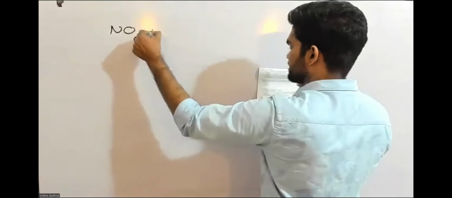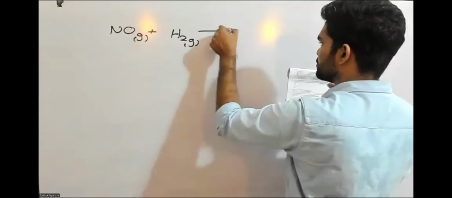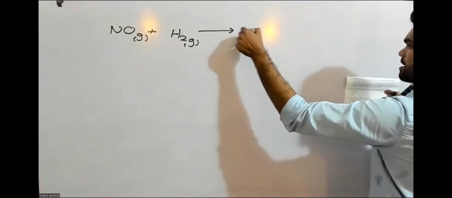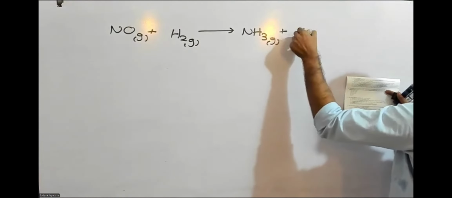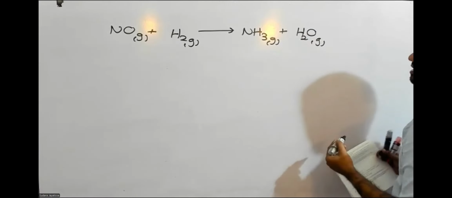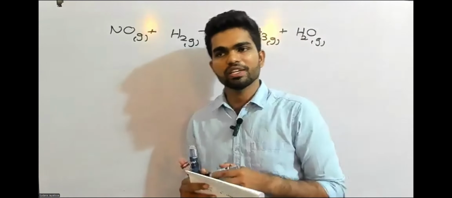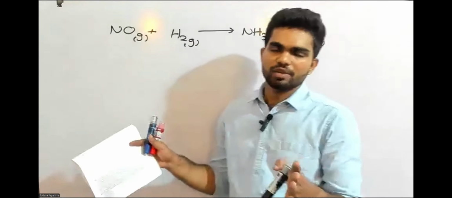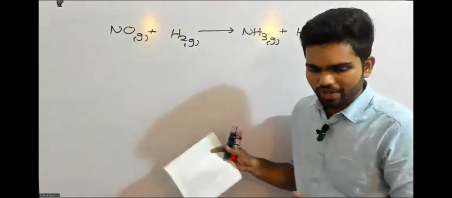NO gas is reacting with H2 gas to form NH3 gas and H2O gas. So they all are in gaseous state. To balance this one, we are using the inspection method. Remember, we check the 2 sides and we put some numbers until the 2 sides have the same number of atoms.